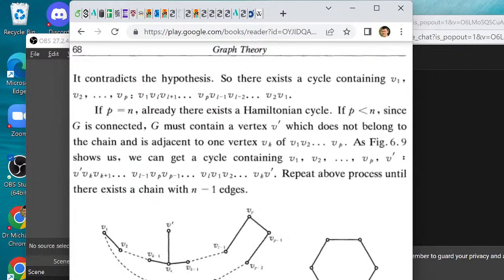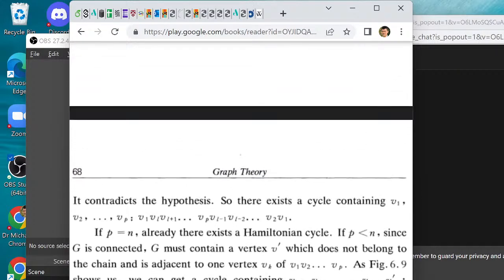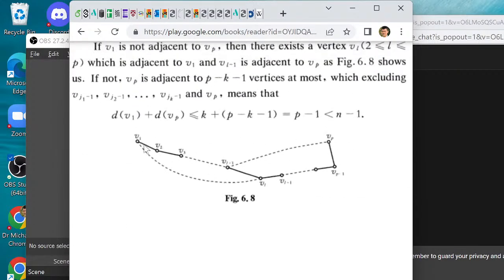This is not quite what it says here, though, is it? What's it saying here? This picture. It goes to VK. Yeah, I think there exists a chain with n-1 edges. Yeah, I don't know. So this thing is the key idea here.